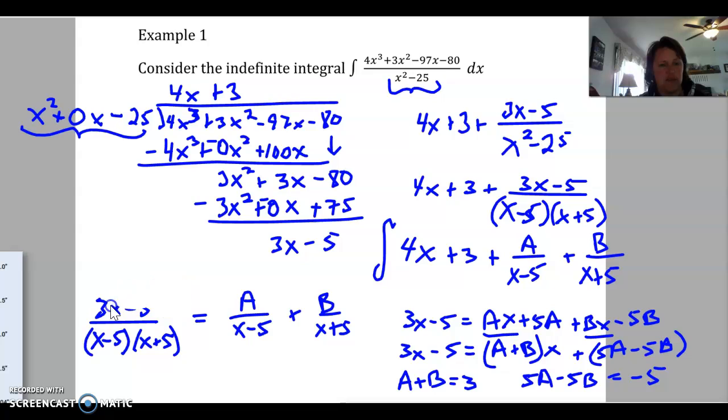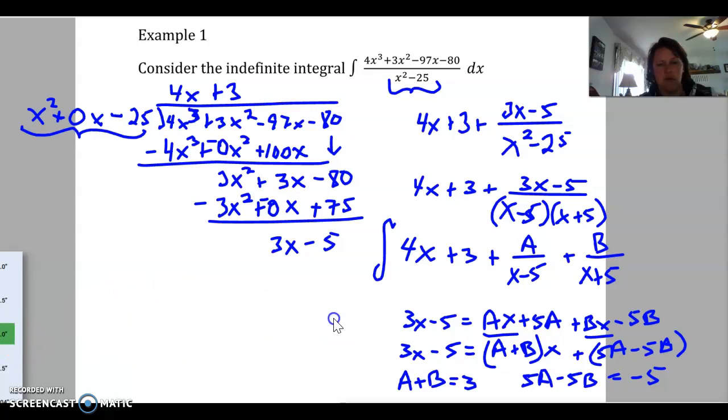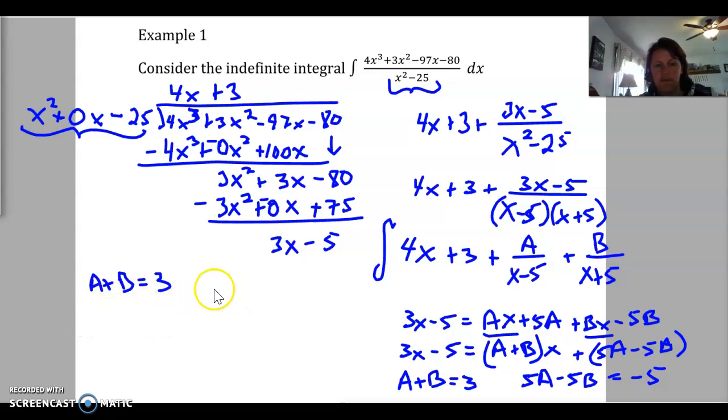I need to get myself some more room over here so we can work here. And so we have the equations A plus B equals 3, and then we also have 5A minus 5B equals negative 5.